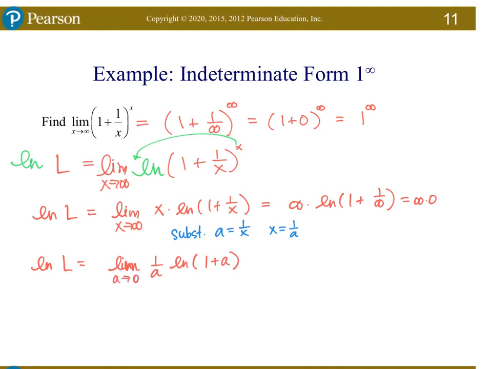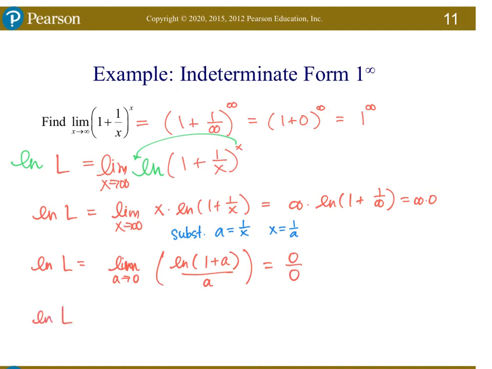And the benefit of doing that is that now the 1 over a can be written as a denominator. So I'm going to erase it. And now you can do L'Hopital because now you have a fraction. So it always needs to be in the form of a fraction to do L'Hopital. This is 0 over 0, which allows me to finally use my derivative rules.